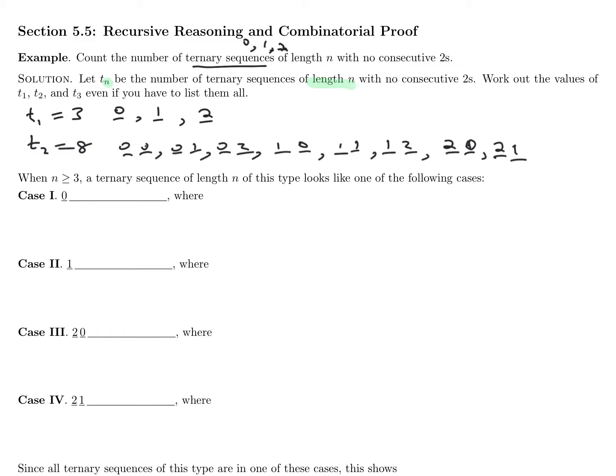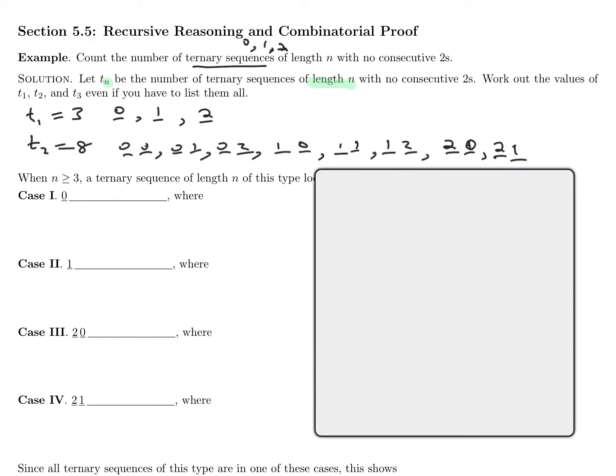Let's give a little bit of thought to T3. It's going to be a little big, so I'm not going to list the whole thing, but I can at least think about how I would organize this. If I'm counting T3, then I'm filling in 3 blanks, and those are either going to start with a 0, start with a 1, or start with a 2.